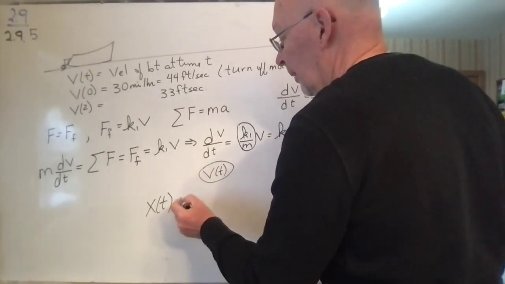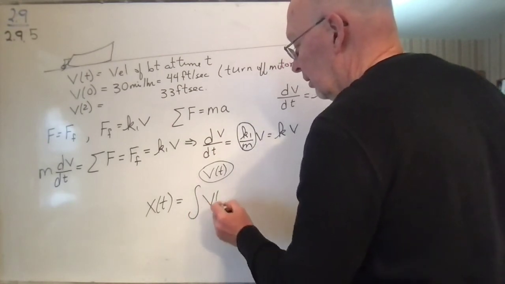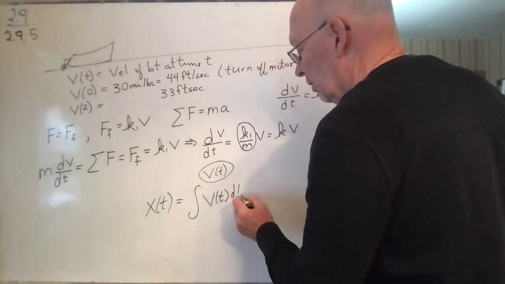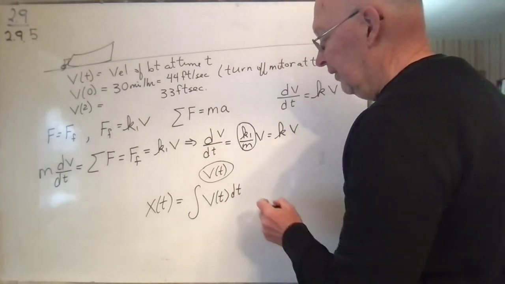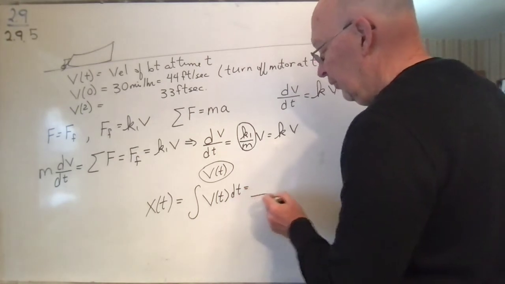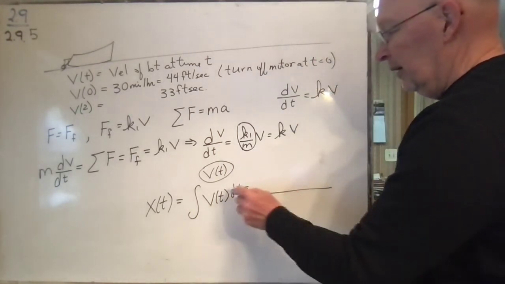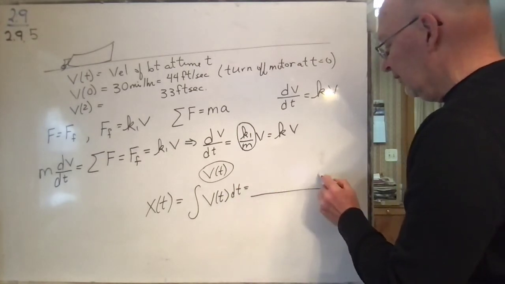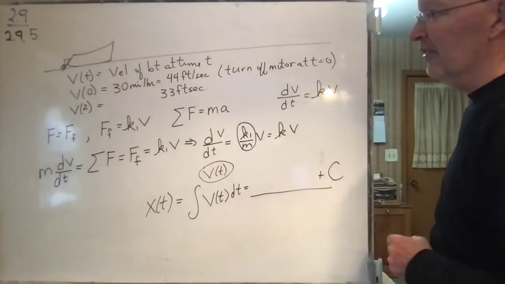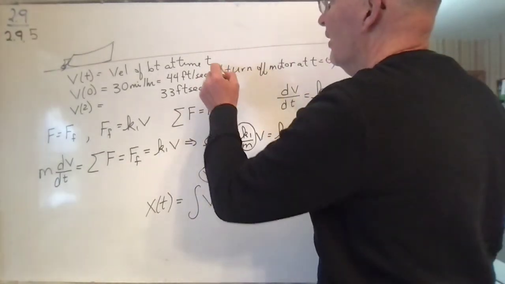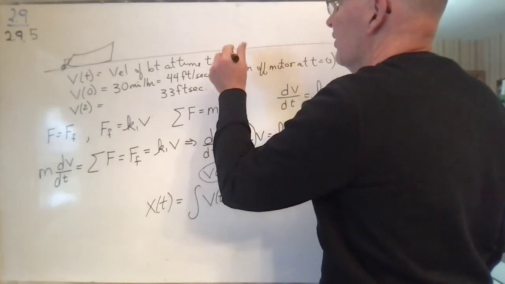Hopefully you remember that all you do is integrate it, right? And this will give you a formula for x of t, and you're going to have some sort of constant of integration.